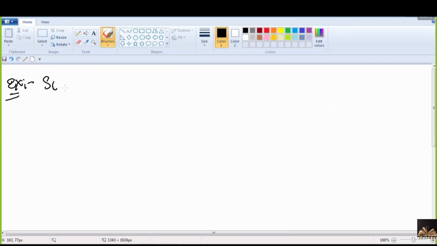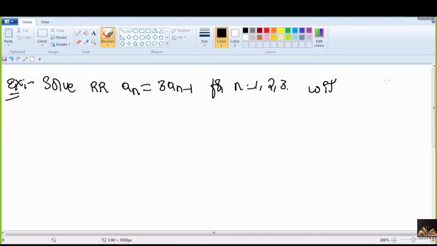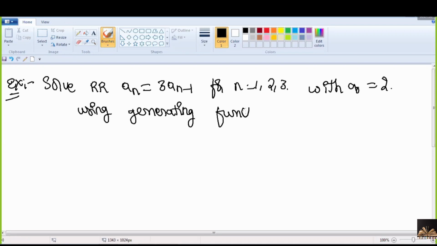Solve the recurrence relation an is equal to 3an minus 1 for n equal to 1, 2, 3, and the initial condition is given as a0 equal to 2. Solve this recurrence relation using the generating function method.